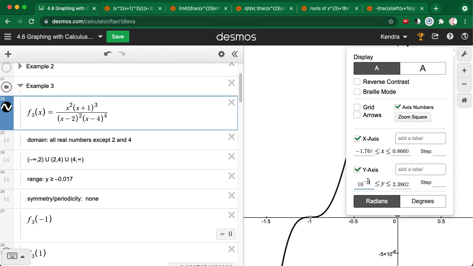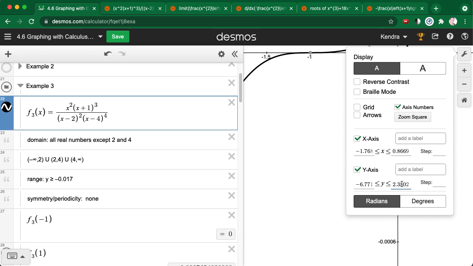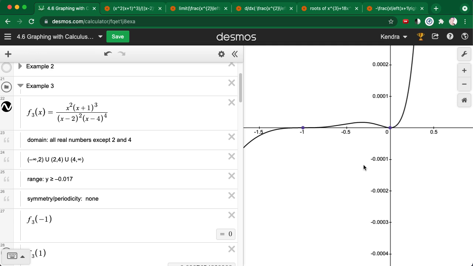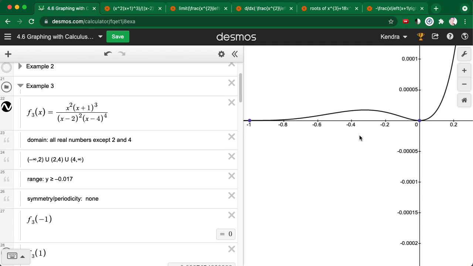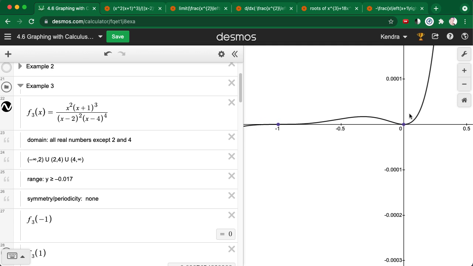So let's take a step back from this. Yeah, let's just leave it at that. And so that gives a little bit more of a hump there and accentuates that hump and shows the relative minimum there.